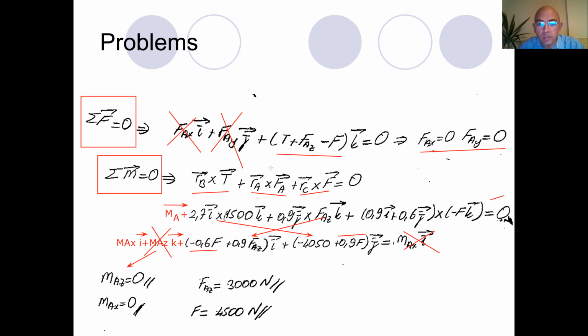So I have three equations with three unknowns. And the point is this: from this expression, I can easily calculate the value of F. If you do it, you can find that it is 4,500. Once you find F, you can find Faz from this equation.